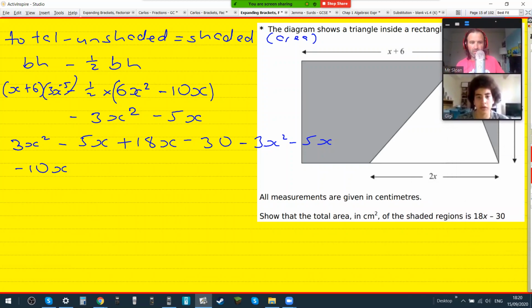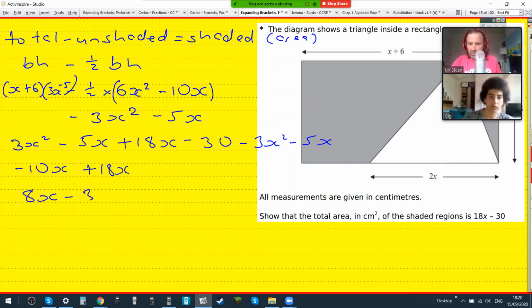So that would be 8x minus 30. They're saying we should have gotten 18x minus 30.